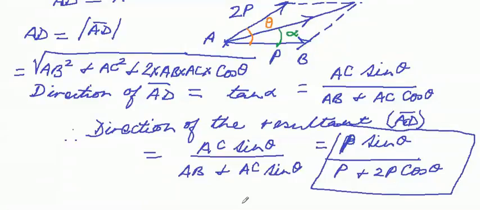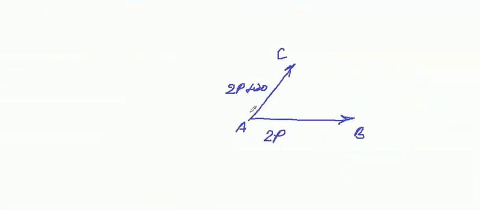Okay, so we have seen that we found the magnitude and the direction. When we say direction, it is tan alpha. So we have magnitude of resultant, we have direction of resultant. Correct? Now the problem says that AB is made twice, so AB becomes 2 times P, and AC becomes 2P plus 20. So again we complete the parallelogram, the first step.